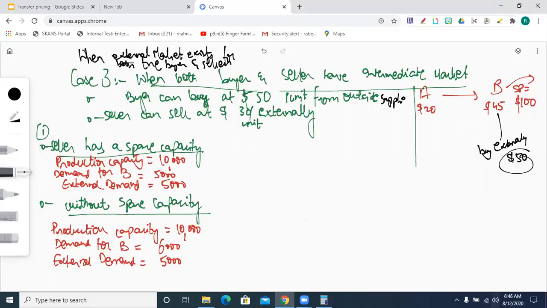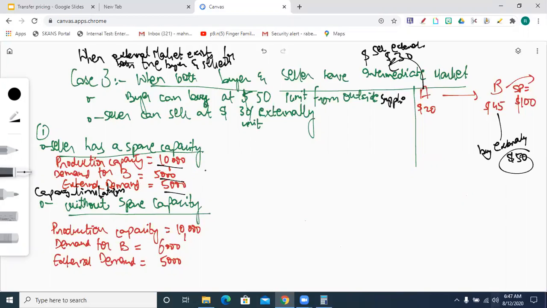And A can also sell externally, the same case as before, at 30. So what would be the transfer price in this scenario where there are no capacity limitations, or when there are capacity limitations? Now the production capacity is 10,000, so external demand can be met as well as demand for B.